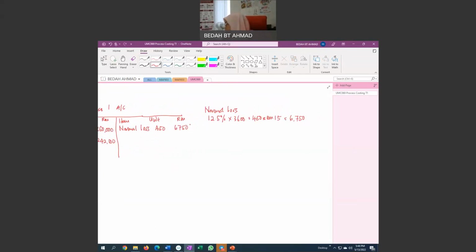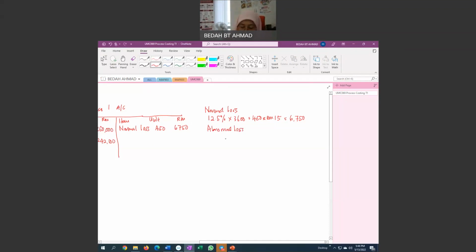Then we go to the next step, which is to compute the output or abnormal loss. To compute the abnormal loss, you need to compare the input versus the output.